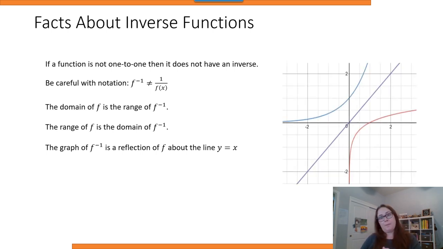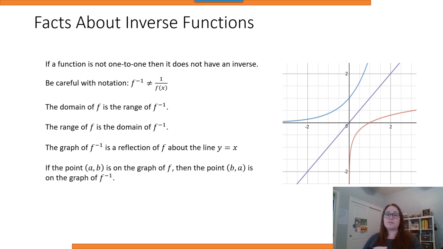So here's an example of what that might look like, where I have the blue curve at the top here. This purple line is the line y equals x. And we get the inverse function is just a mirror image of that on the other side of y equals x. So this is another way to look at inverses and see if you think they might be inverse functions based on their relationship on a rectangular coordinate system.